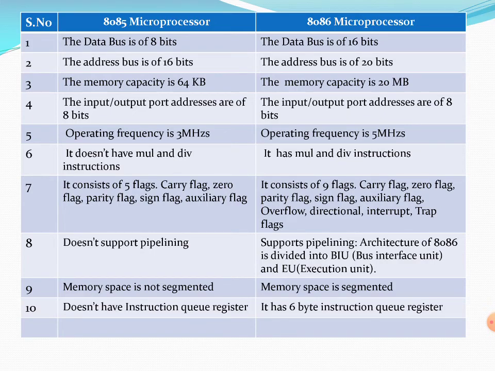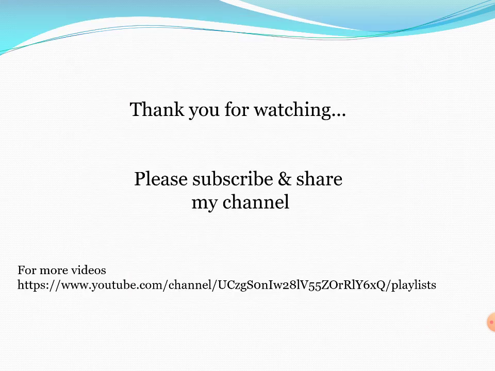Memory segmentation is not done in the 8085 microprocessor, whereas it is done in the 8086. The 8085 doesn't have an instruction queue register, whereas the 8086 has a 6-byte instruction queue register.